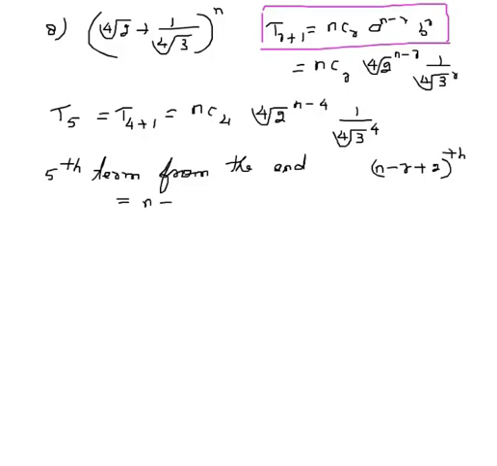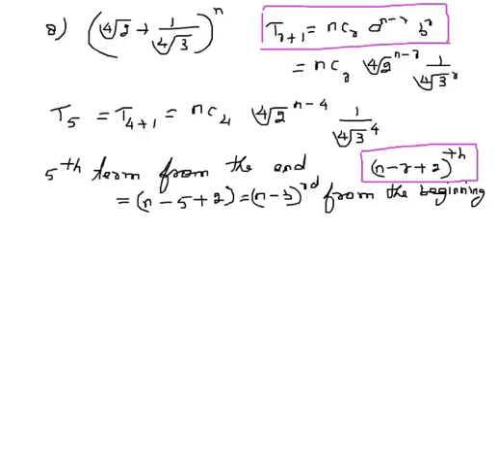So n minus r is 5 here, plus 2, which is equal to n minus 3rd term from the beginning. Memorize this formula. Rth term from the end is n minus r plus 2th term from the beginning.